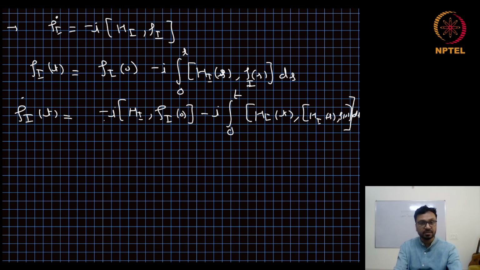Let us drop the subscript I. From here on, every state and Hamiltonian is in the interaction picture, so we don't need to write subscript I, which represents the interaction picture, and this will make the expression a little bit simpler.